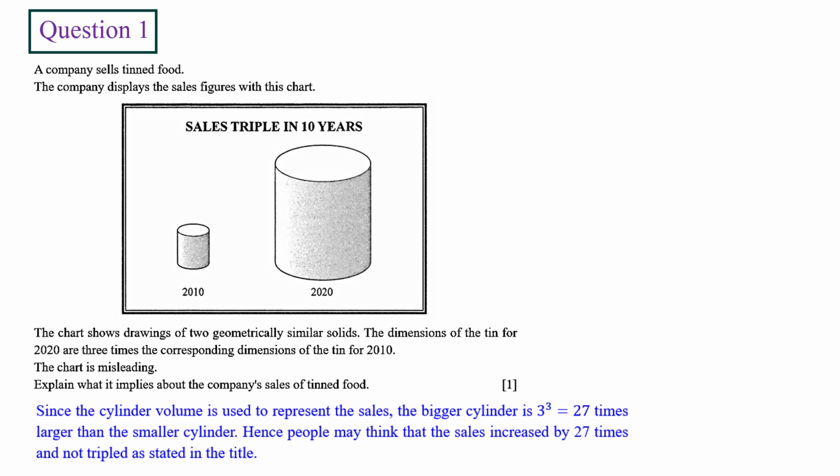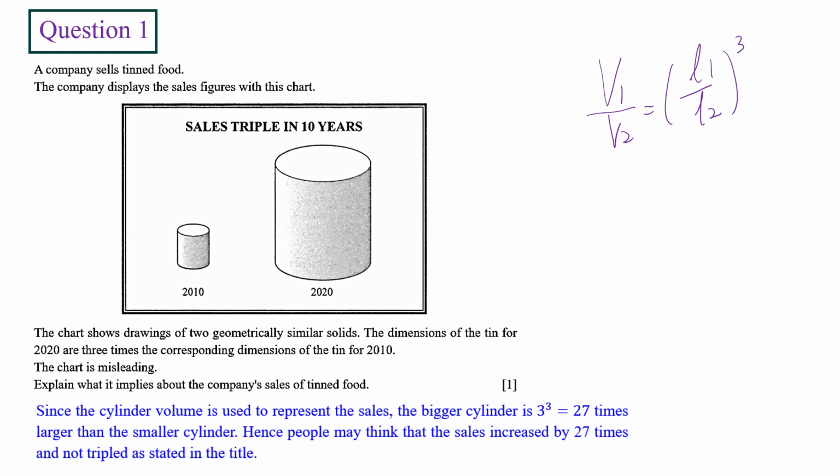And since the two things shown are cylinders, we're going to use volume to explain it. So if you were to recall the formula, L1 over L2 is equal to... that V1 over V2 is equal to L1 over L2 cubed.